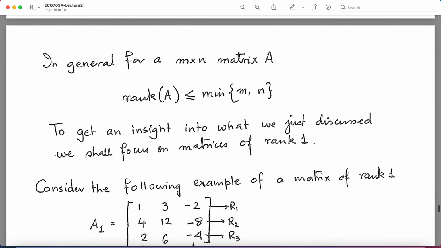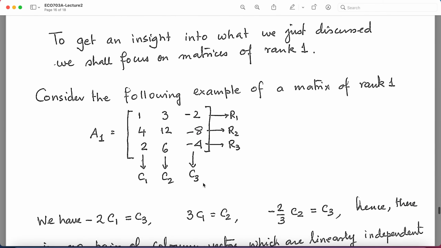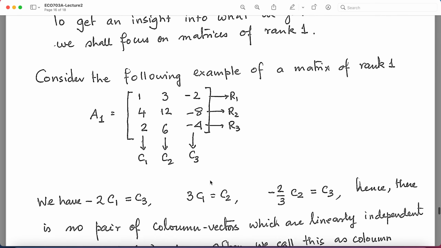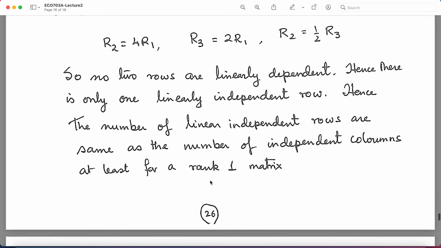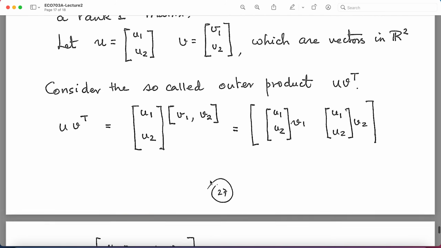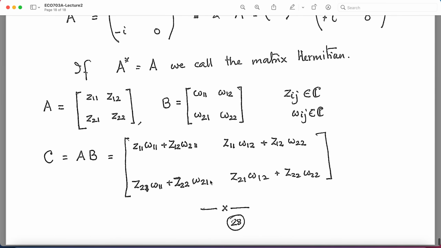So, that would lead us to focus on something called rank 1 matrices. Right, here is this whole story of rank 1 matrices.